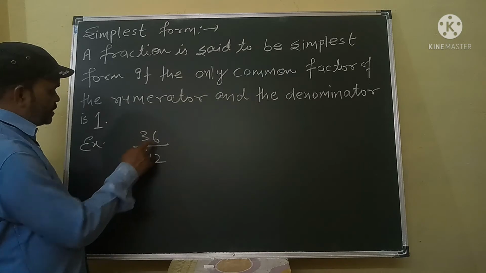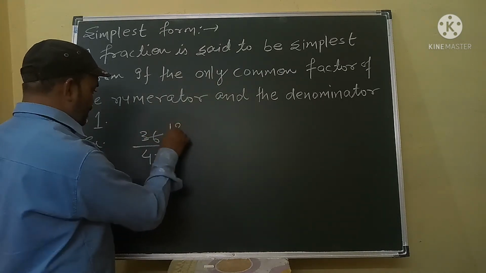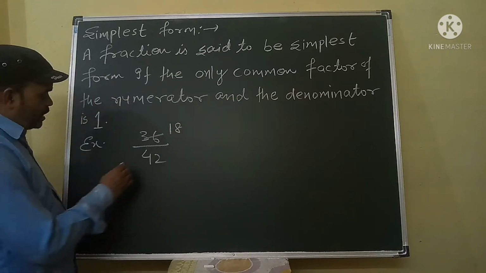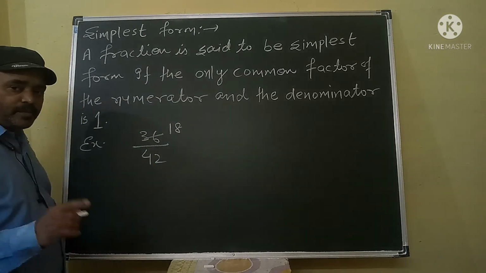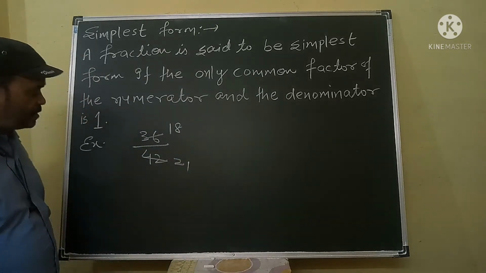If 36 is divided by 2, you will get 18, and 42 divided by 2, you will get 21.